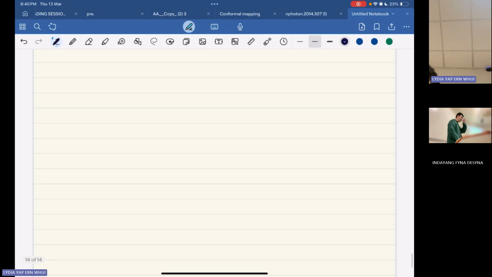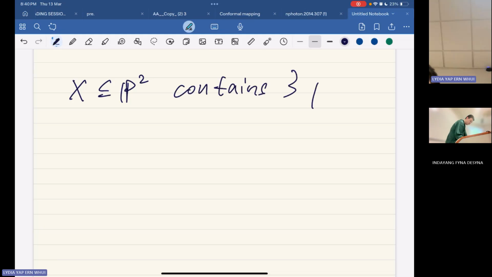I will give 2 more examples, but I will skip the proofs. Although I think Keaton is very interested in this, I will not do it here because I haven't computed this yet. Sorry. First, let's consider X a projective variety in P2 that contains 3 points, and we want to compute its Hilbert function.